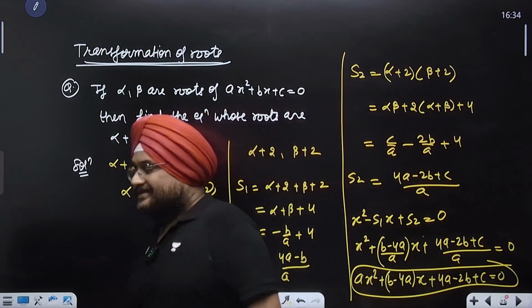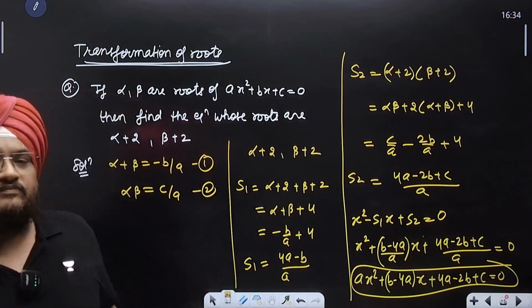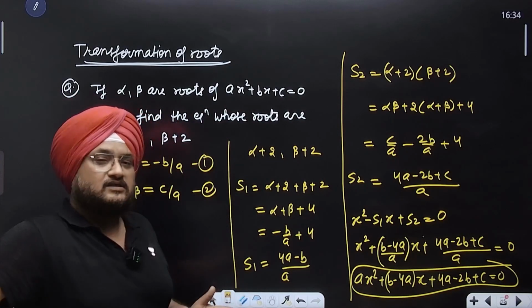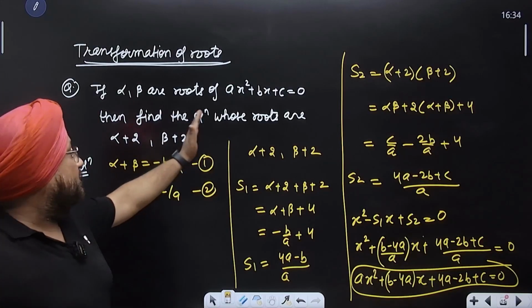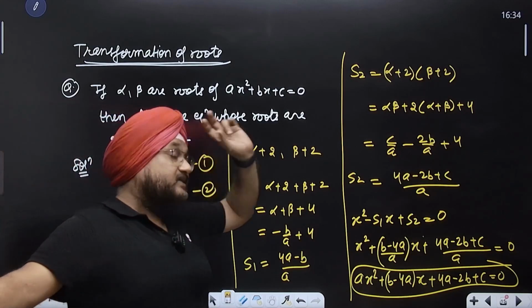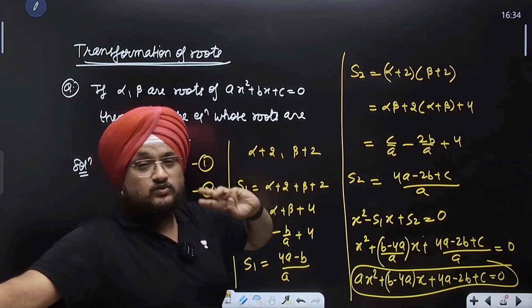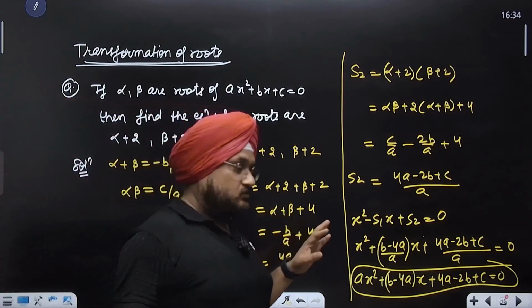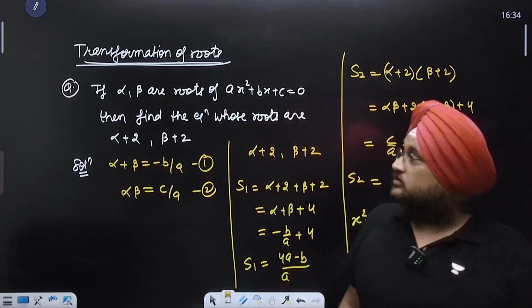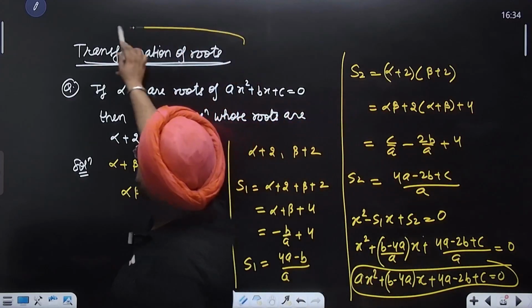So this is a lengthier method. We have to find the sum S1 and the product S2. Just think that if we have to find a cubic equation, then we will have to find three expressions: S1, the sum of roots; S2, alpha beta, beta gamma, gamma alpha; and the product of roots. So this will be more lengthy. So now we will use transformation of roots.